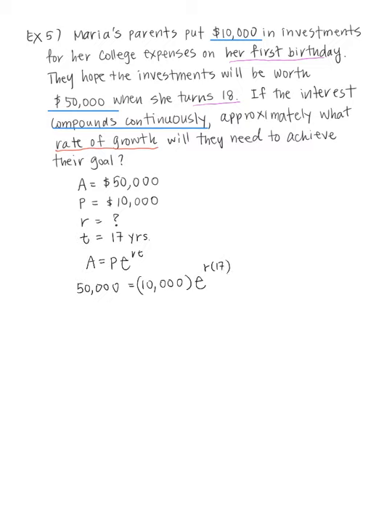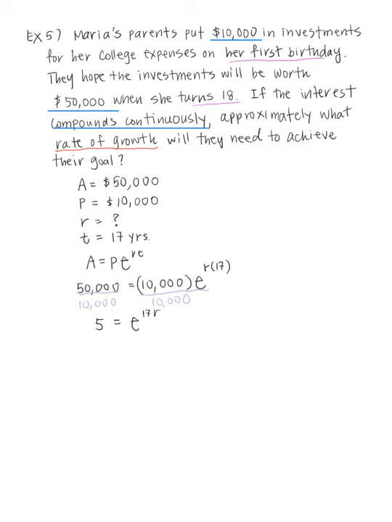Now let's simplify this equation a little bit. Let's divide both sides by $10,000. You don't have to do this if you don't want to. You can just type 50,000 and 10,000 in the calculator, but I like to deal with smaller numbers. So what we get is 5 equals e to the 17r.